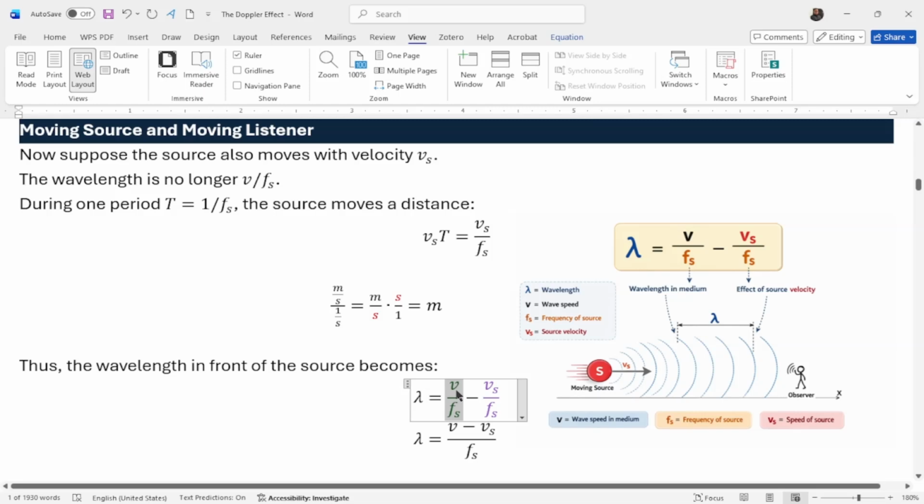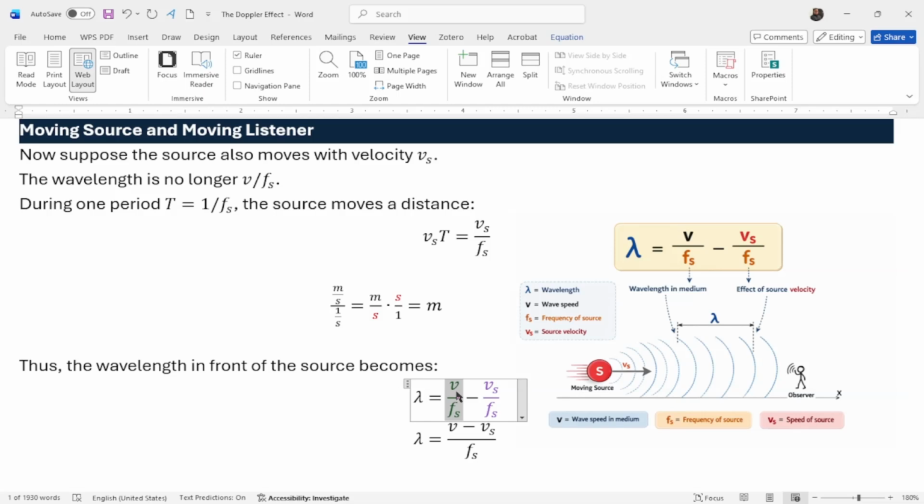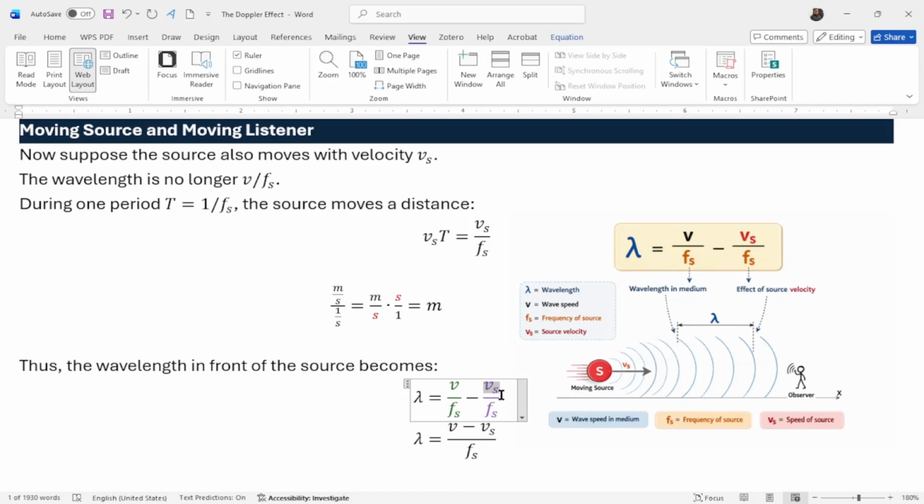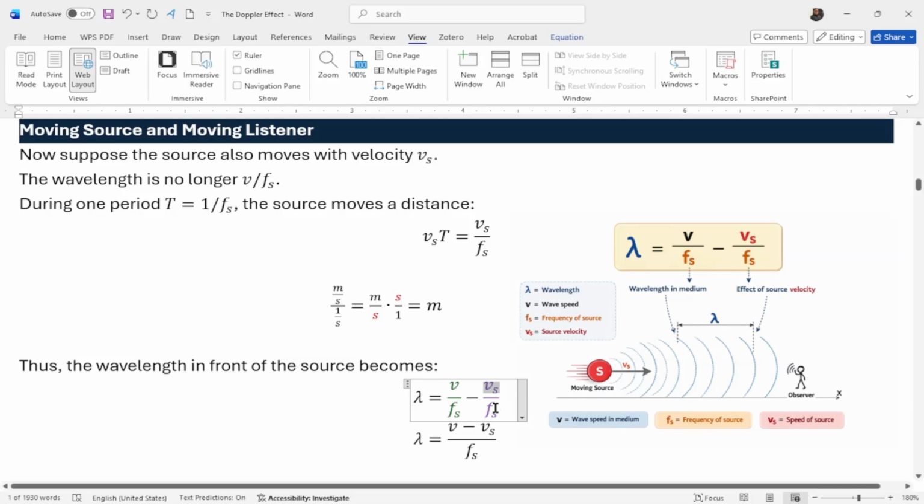So this is the speed of the sound in the air, for example, that is 340 meters per second, and the frequency emitted by the source. And then the V sub S here, again, is the speed of the moving source, or the speed of the ambulance, divided by the frequency from the source.